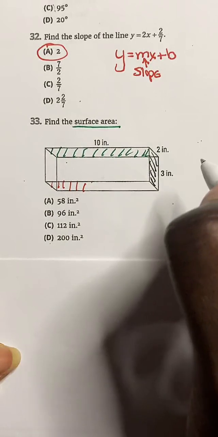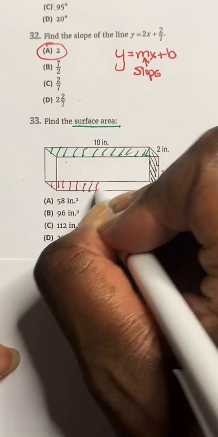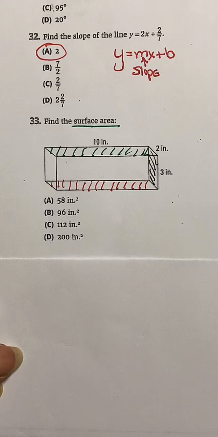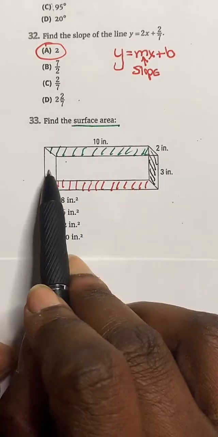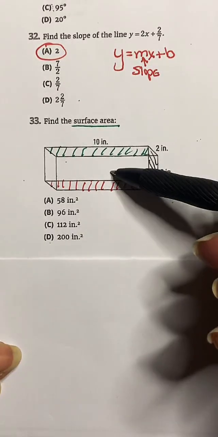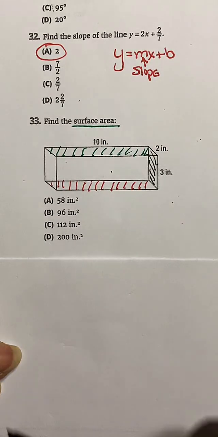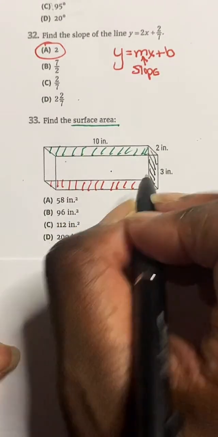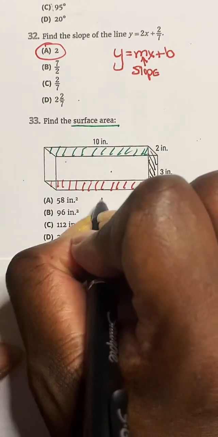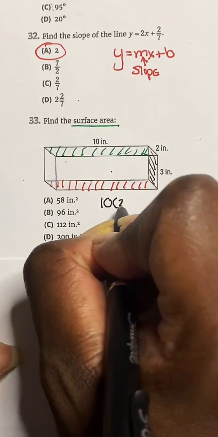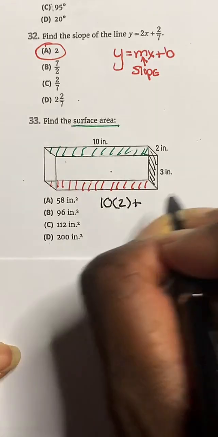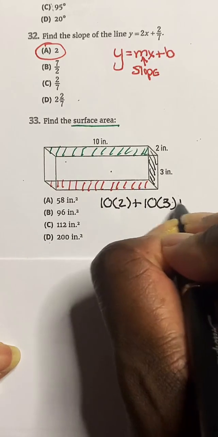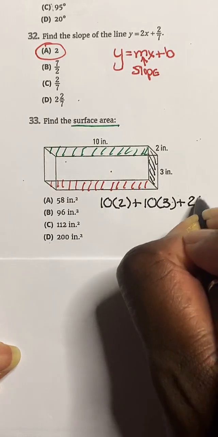And we're going to multiply them by 2. So this is what's happening. Because you have 2 tops, you have 2 sides, you have the front, and you have the back. Okay? So we're going to do 10 times 2 plus 10 times 3 plus 2 times 3.